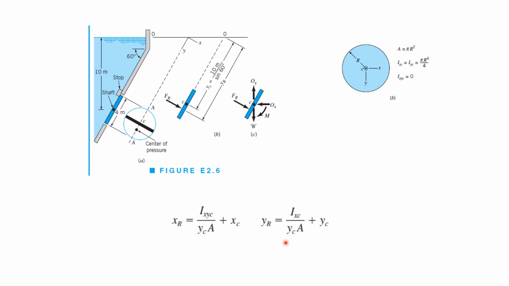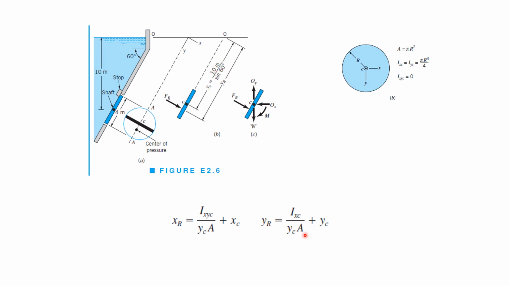In order to find the yr, we have to put the value of Ixc, which is equal to pi r raised to power 4 divided by 4, and yc is equal to 10 divided by sine 60, and we can find it using the trigonometric rule.